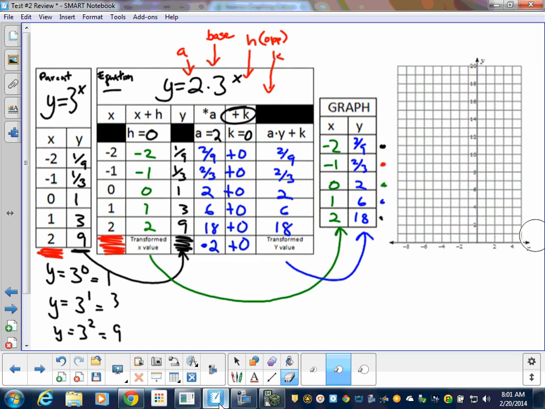You just erase it and fix it. And if you have to graph these points again, I know there's -2 and 2/9, there's -1, 2/3, there's 0, 2, there's 1, 6, there's 2, 18. So I'm going to try it again to get close to this line. And then, oh, now I kind of go through those lines.